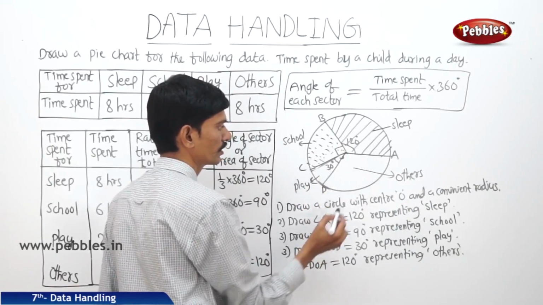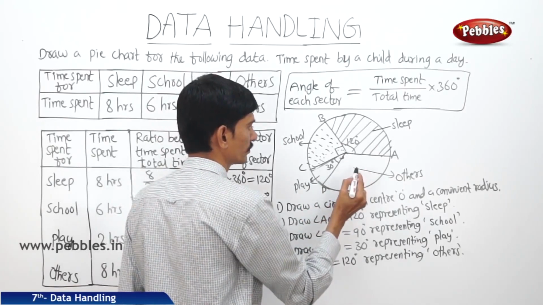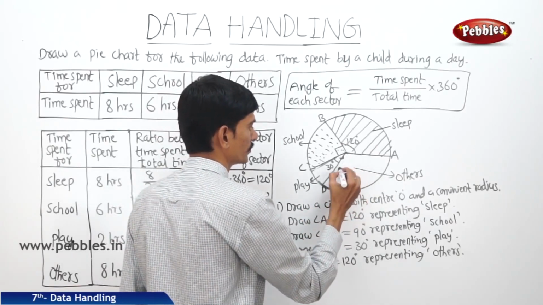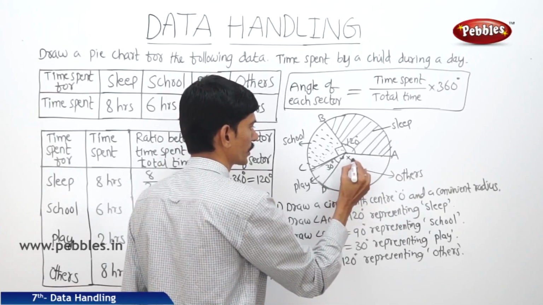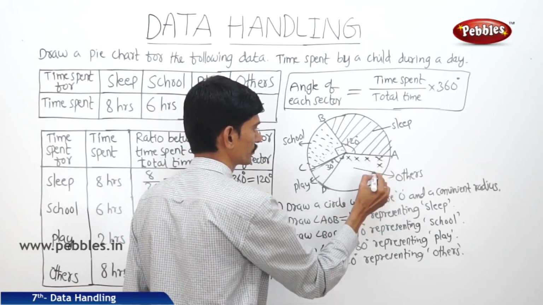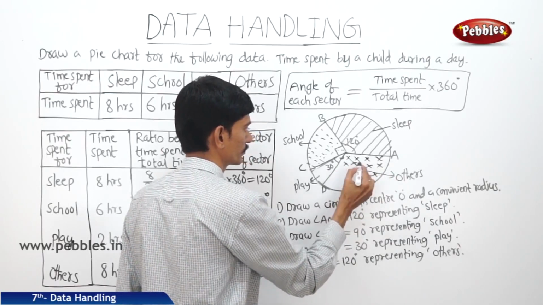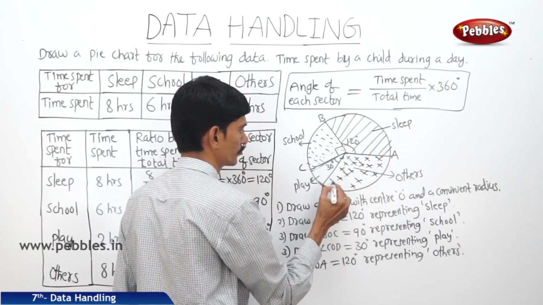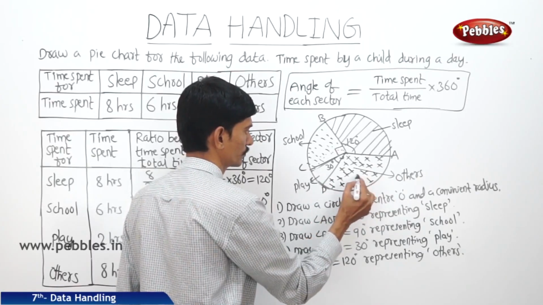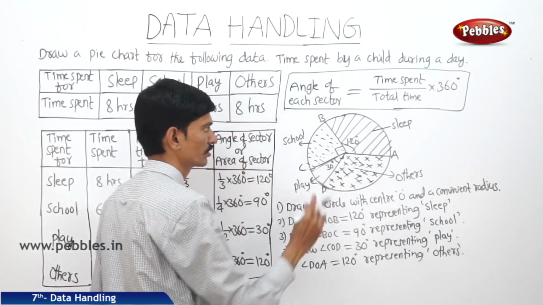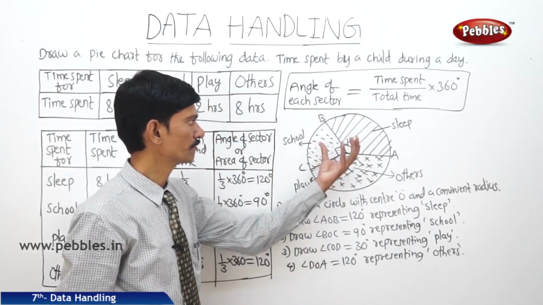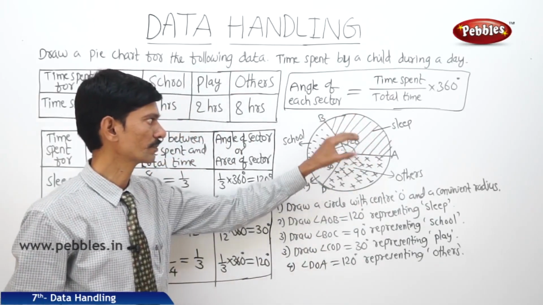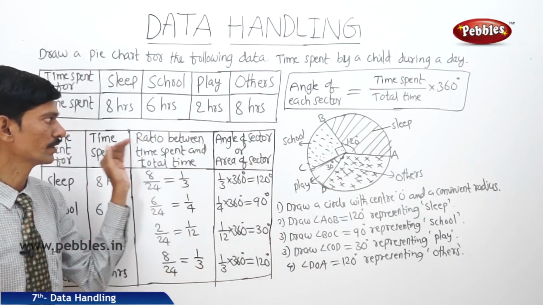And to represent the others, we can put cross marks. So this is the circle which is divided into different sectors representing the time spent for each thing.